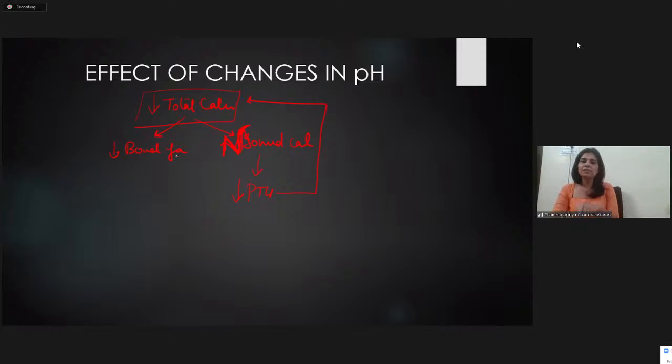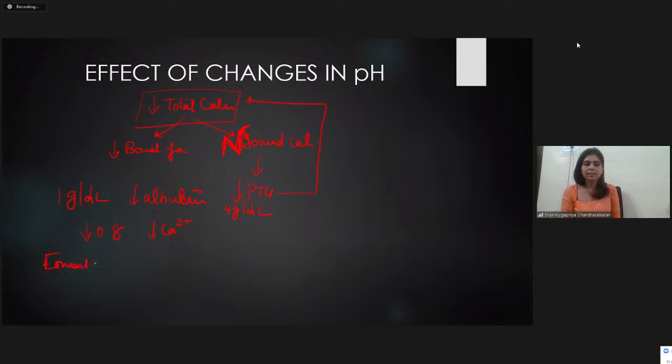To avoid giving this false low value, there is a correction. We know for every 1 gram per deciliter decrease in albumin below 4 grams per deciliter, total calcium decreases by 0.8. So what is the correction factor?